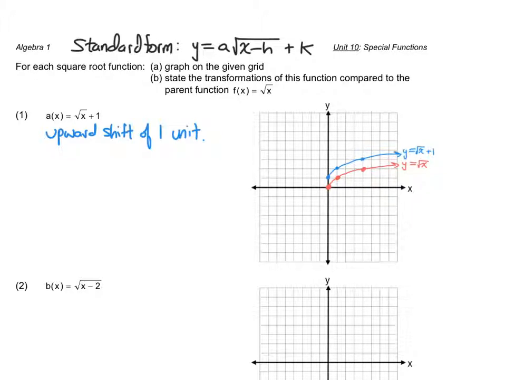So again, if you know that standard form, like in its most general form, a times x minus h, whether it's to the second power, an absolute value, the square root, it doesn't matter, and then plus the k, then you're in pretty good shape because the same structure holds. All right. So the next one, what's going on there? Yep, shift 2 units right. So I don't have to plot the parent function again.